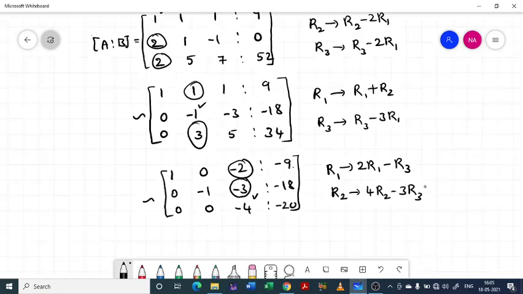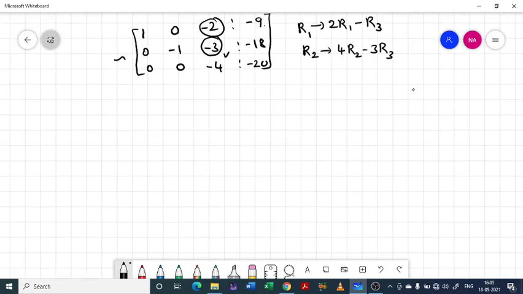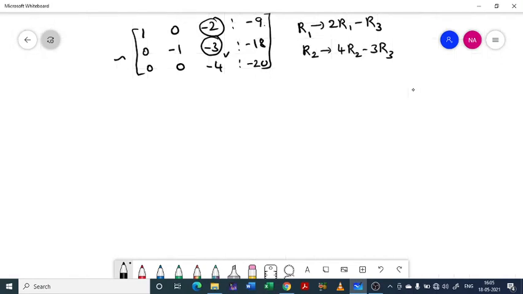Then applying those operations, the resultant matrix will be equivalent to first row, so 2 0, from our choice it will be 0 2. Can check this, it will be 2 actually. Then 0 minus 4 0 12, 0 0 minus 4 minus 20.